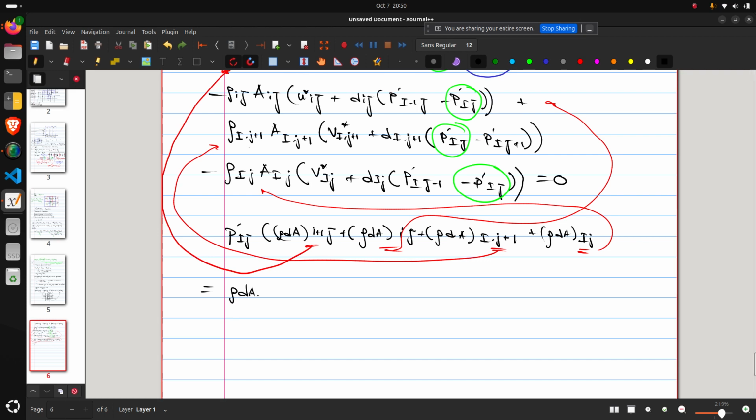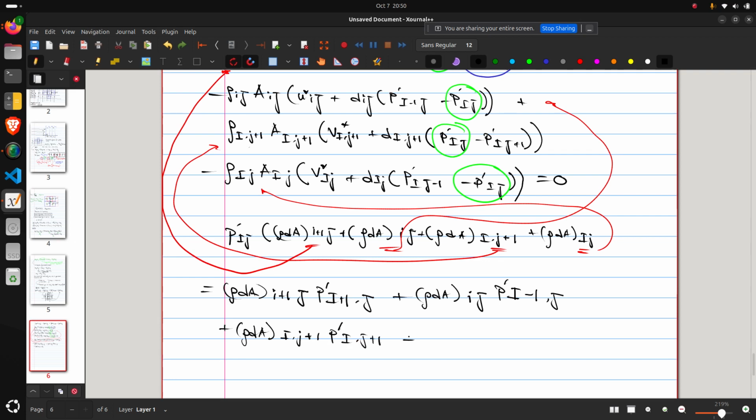So this is rho dA small i plus 1, capital J, P prime capital I plus 1, capital J, plus rho dA small i, capital J, P prime capital I minus 1, capital J, plus rho dA capital I, small j plus 1, P prime capital I, capital J plus 1, plus rho dA capital I, small j, times P prime capital I, capital J minus 1.